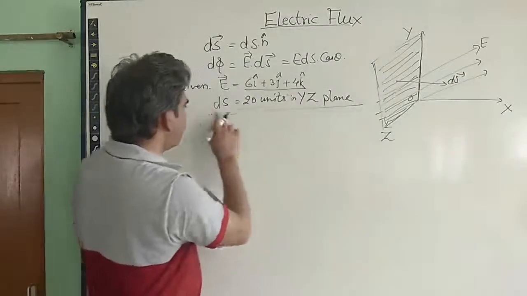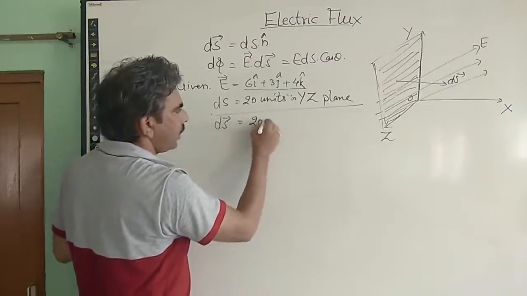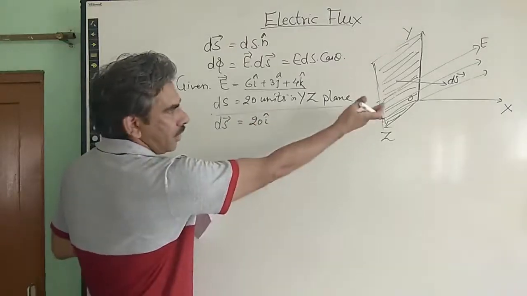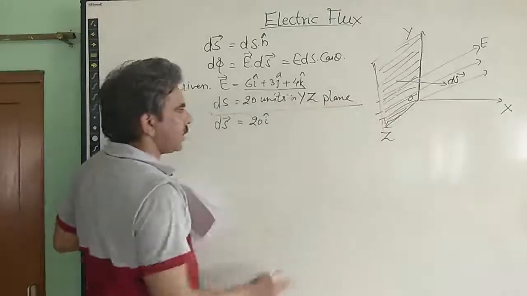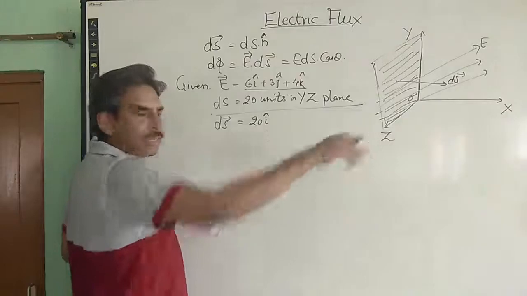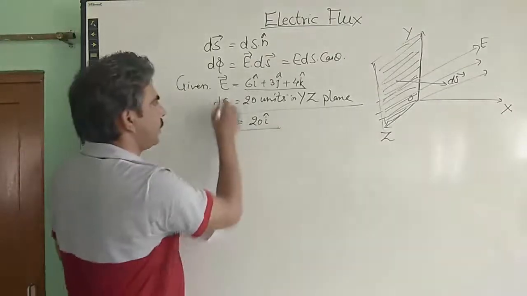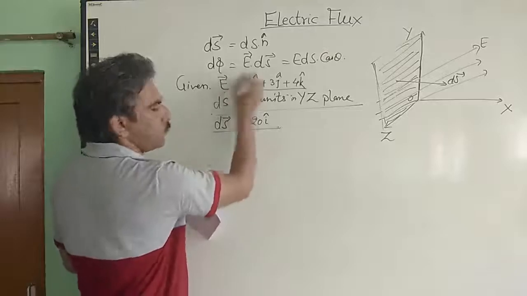In vector form, ds can be written as 20 i cap, because the area vector is along the x direction and i is the unit vector along x. So this is how we write the area vector. This is the electric field, this is the area vector. We can substitute the values here.